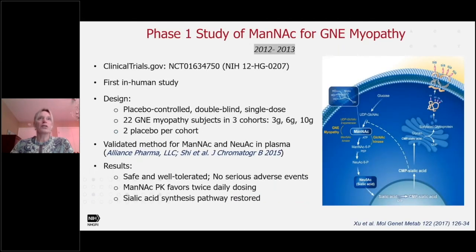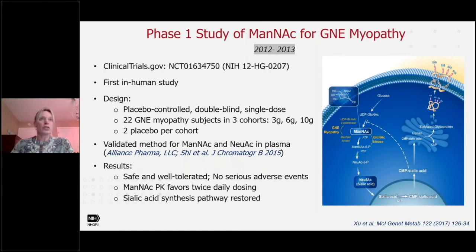So our phase 1 study is to show safety and PK, how the body handles ManNAc. It's finalized, 22 patients. We developed a so-called validated method for ManNAc and sialic acid in blood, so an independent investigator can analyze this. We published that.